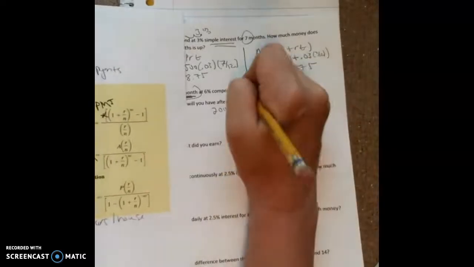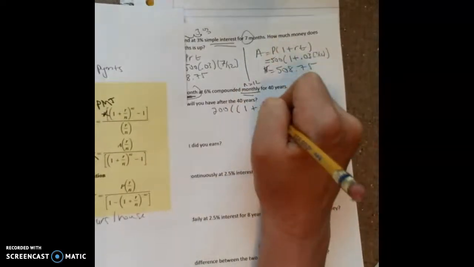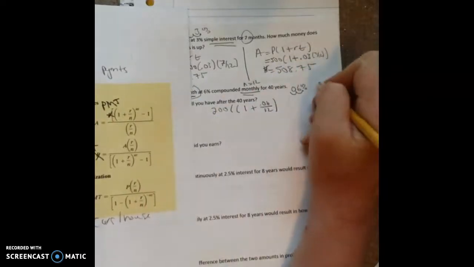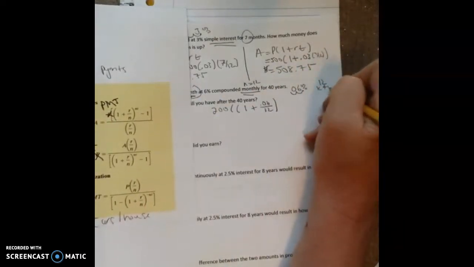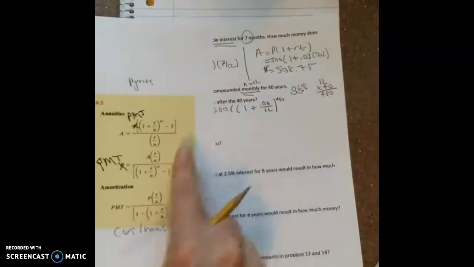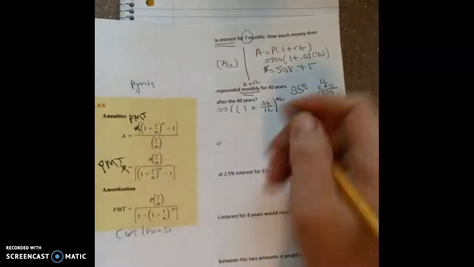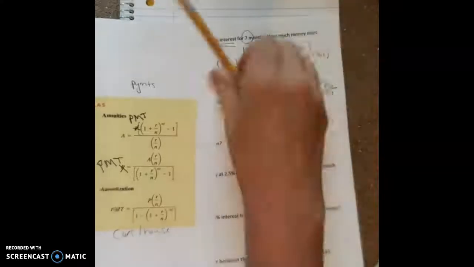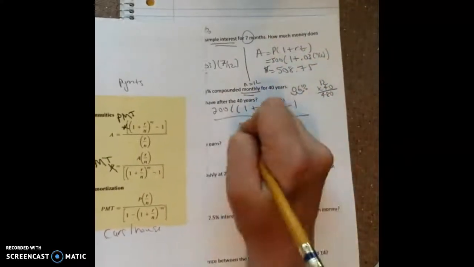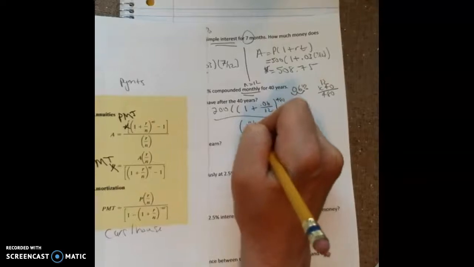Compounded monthly means n is 12. Now again, n times t I do off to the side. So 12 times 40 is 480. Just saves my calculator from screwing up. Minus 1, and again this is 480. I'm going to leave that for now and then divide by that.